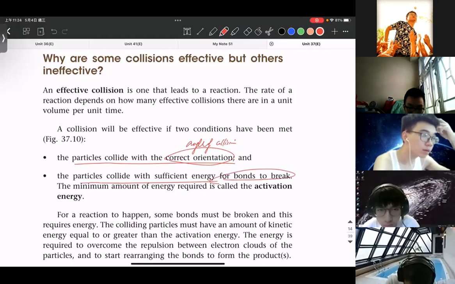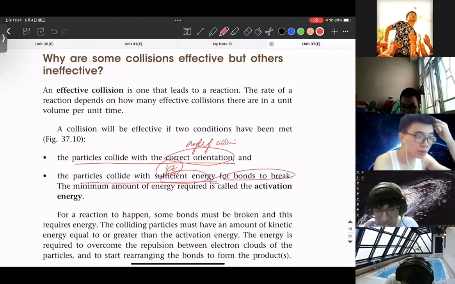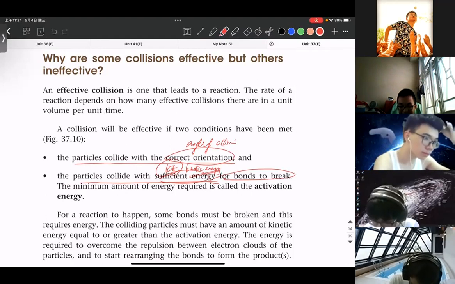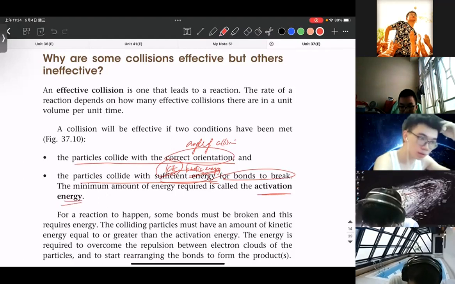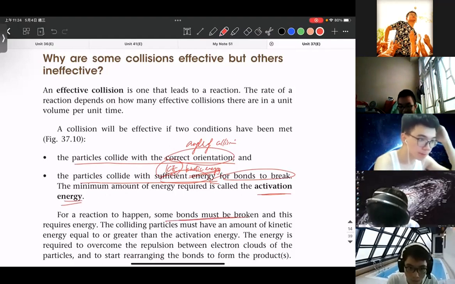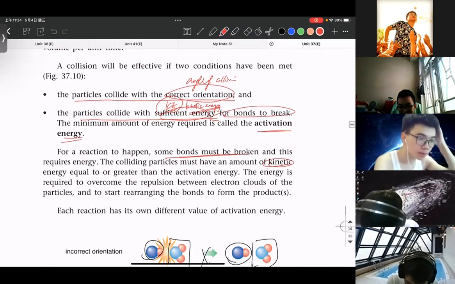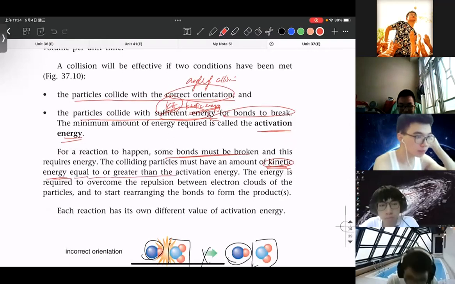The bonds to break relies on how fast the chemicals are moving, so it possesses KE, kinetic energy. Do you still remember that one? It tells you that the magnitude depends on how fast or how slow it is. So we call it the activation energy. For the reaction to happen, you are going to break the bond, and breaking a bond requires energy, while the energy comes from how fast the chemical is moving. The KE should be equal to or greater than the activation energy.